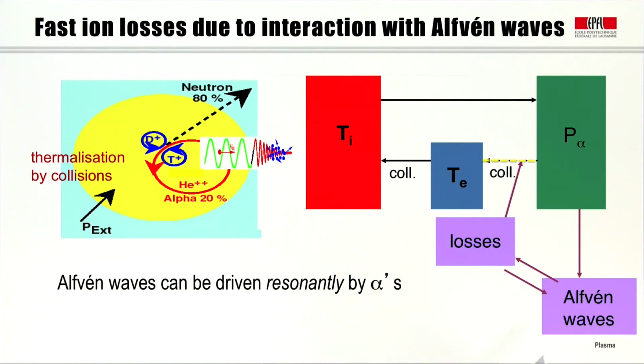So they can drive efficiently an instability in the form, for example, of an Alfvén wave, as we will see in a moment, which in turn, if it grows to large amplitudes, could give rise to losses. And the losses of the fast ions, in this case of the alphas, would of course prevent an efficient transfer of their energy to the background plasma.